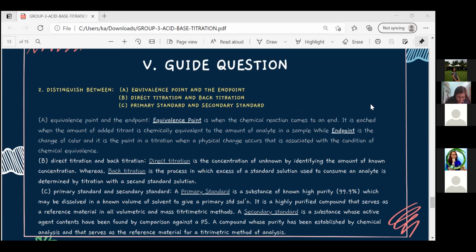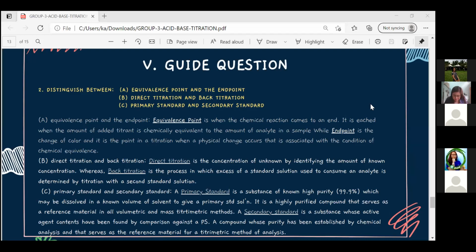Good morning. So, sa number 2 na guide question is A, equivalence point and endpoint. Distinguish between. So, the difference between equivalence point and endpoint, isa sa pagkakaiba nila ay ang titrant ng equivalence point ay chemically equivalent to your analyte.